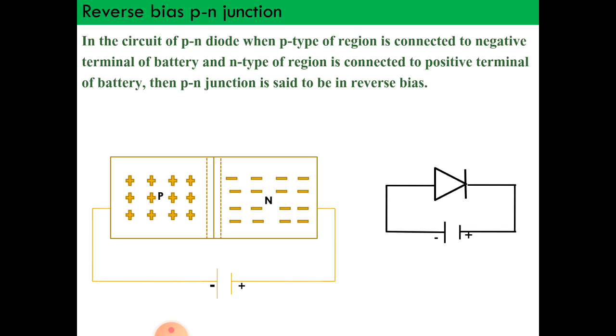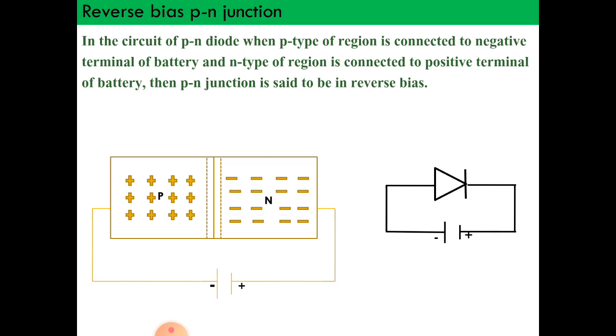Reverse bias PN junction. In the circuit of a PN diode, when the P-type region is connected to the negative terminal of the battery and the N-type region is connected to the positive terminal of the battery, then the PN junction is said to be in reverse bias.